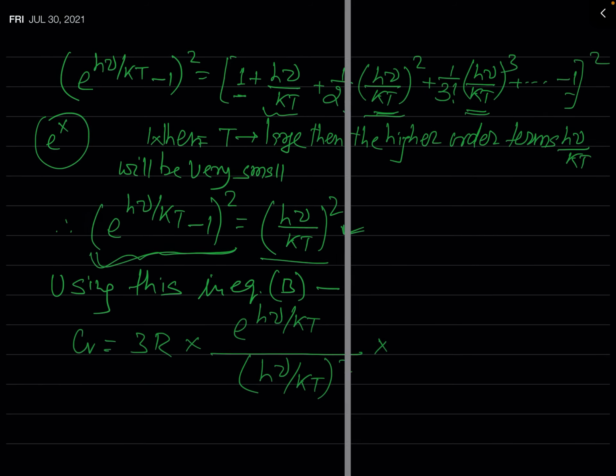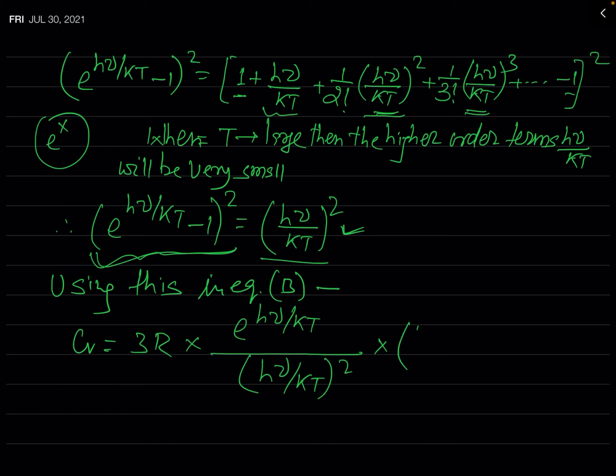This is h nu by kT whole square. So this term and this term will cancel out and our result will be 3R times this much. Now again expand this exponential function.